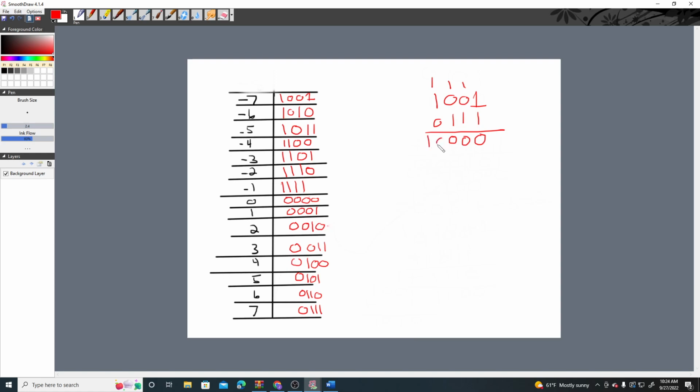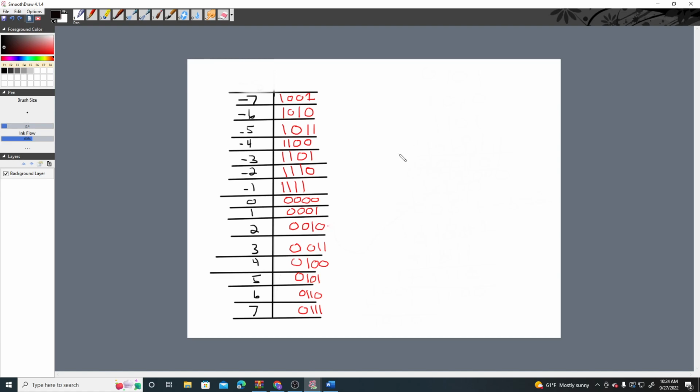And put 1, 0. We're going to chop off the 5th bit. We don't have to worry about that because we're only dealing with 4-bit numbers. And we get 0, 0, 0, 0, which is 0. So negative 7 plus 7 yields 0, which is good. That's what we want. So that works. Let's try one more.